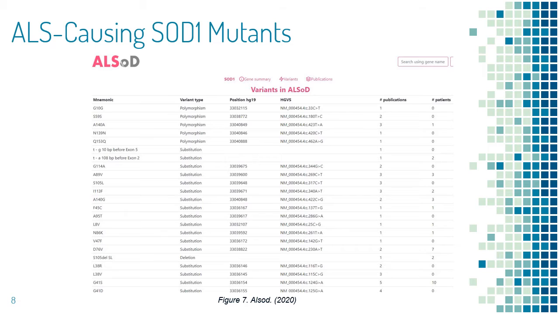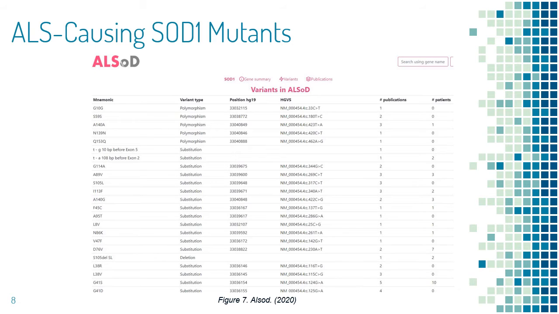If we look at all the mutants here, this basically is an entire website dedicated to ALS SOD mutants. So there's over 100 different variants that have been identified as causing ALS.